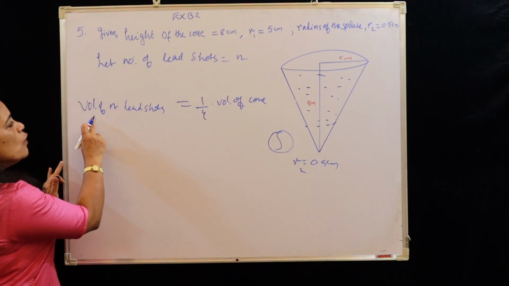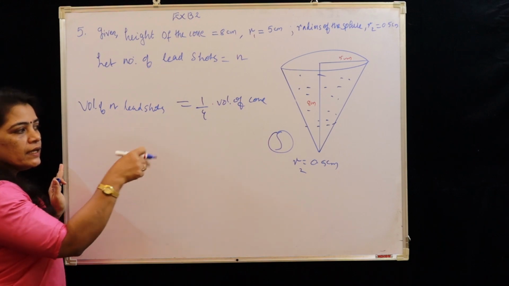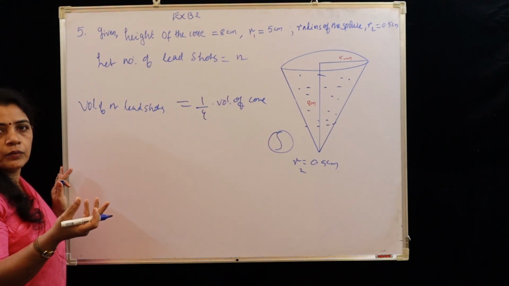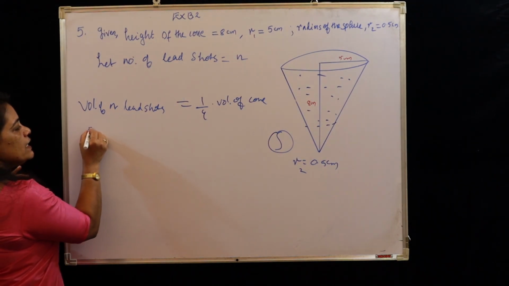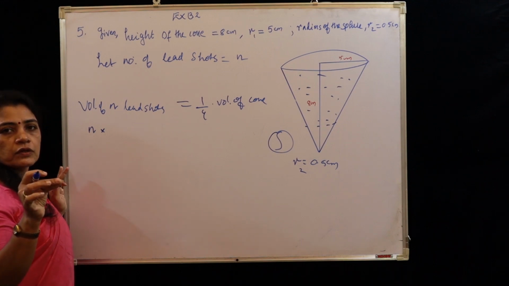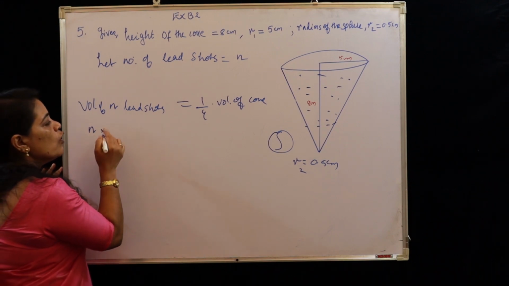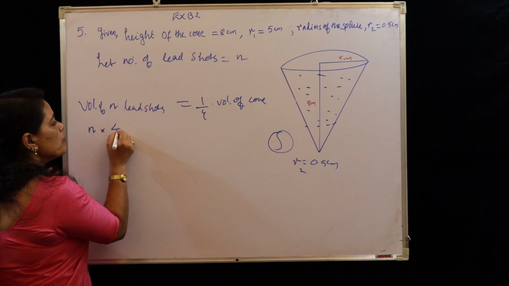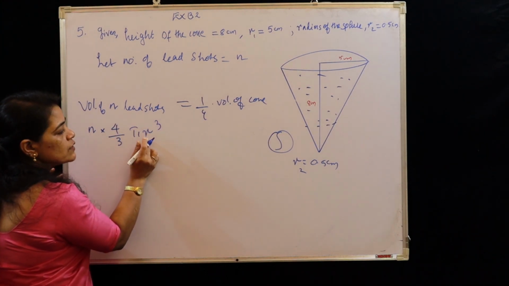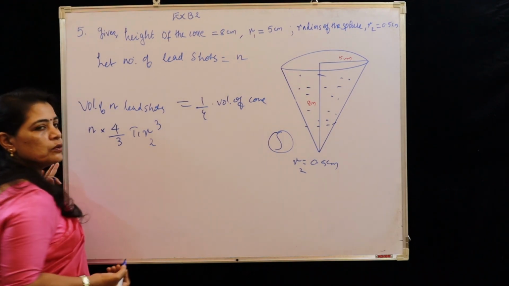Volume of n lead shots: the lead shots are spherical, and the volume of one is 4/3 pi r cube. So n into 4/3 pi R2 cube.